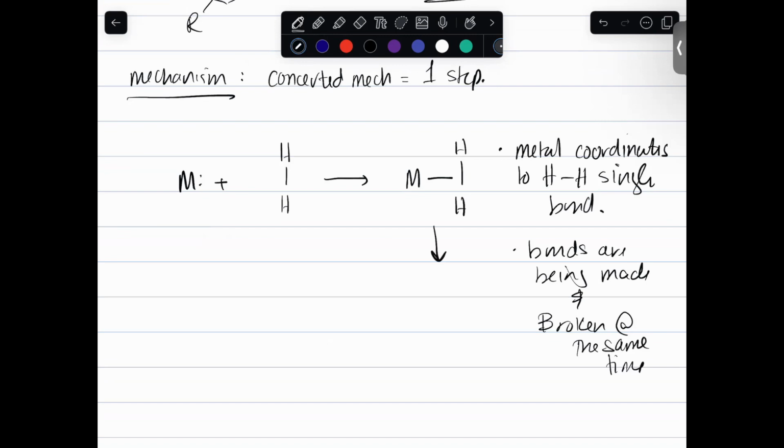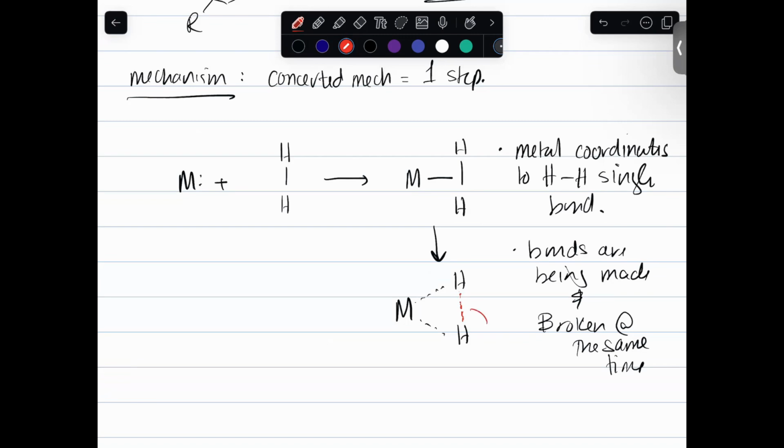And it looks as follows. So as the bonds between the metal and each individual hydrogen are being made, the bond between the hydrogens, which I'll draw in red, is being broken.